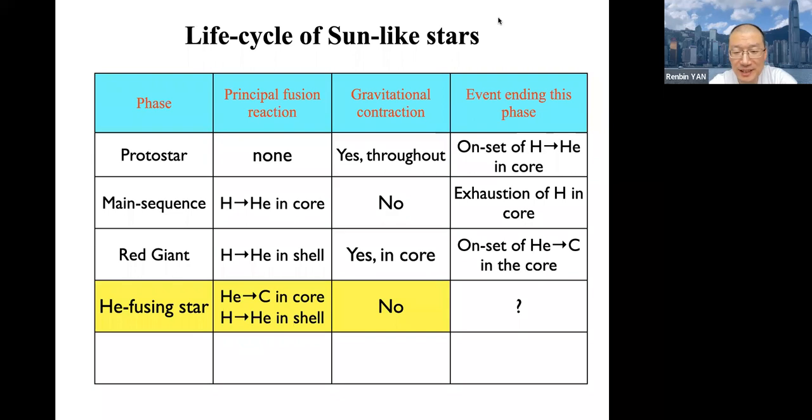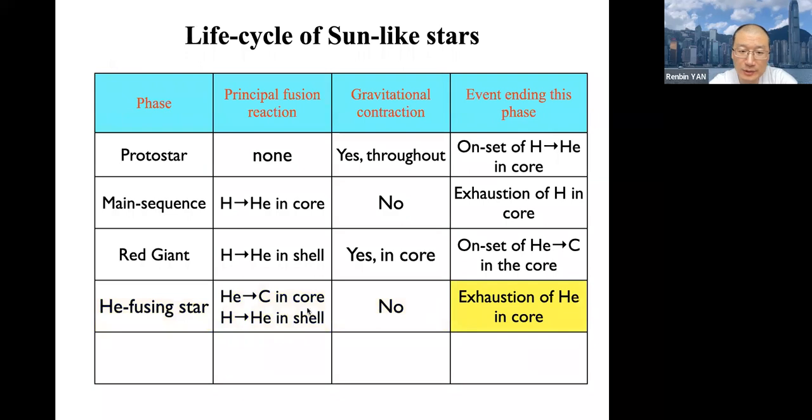No, it doesn't start fusing silicon yet, but this helium fusing stage is just like the main sequence phase, except that the main sequence is doing hydrogen to helium fusion, and the helium fusing stage is helium to carbon fusion, right? So this stage is ended by the exhaustion of helium in the core, so that you use up all the helium in the core.